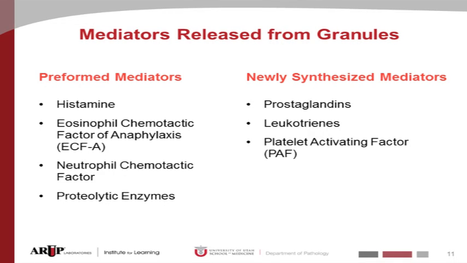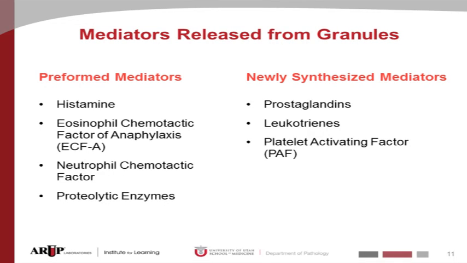The eosinophils, in turn, can release granules which dampen the effects of histamine and other granules, so they can cause a downregulation of this type 1 hypersensitivity. Neutrophil chemotactic factor attracts neutrophils to the area. These are other white blood cells that fight off infection. And there are proteolytic enzymes such as tryptase and chymase, which could help destroy the allergen.